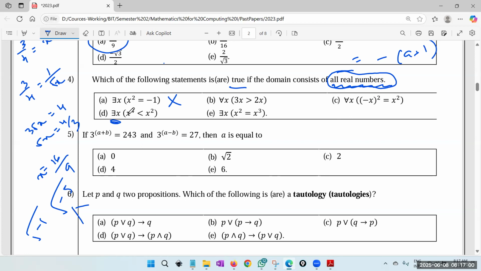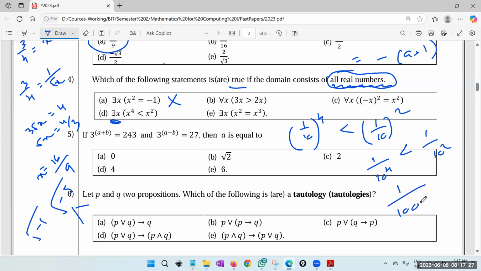But I'm interested to see whether there are fractions also, like say 1/10. This is 1/10 to the power 4. Is it less than 1/10 to the power 2, because it talks about real numbers? Is that correct? This is 1 over 10 to the power 4, 1 over 10 to the power 2. This is 1 over 10000, this is 1 over 100.